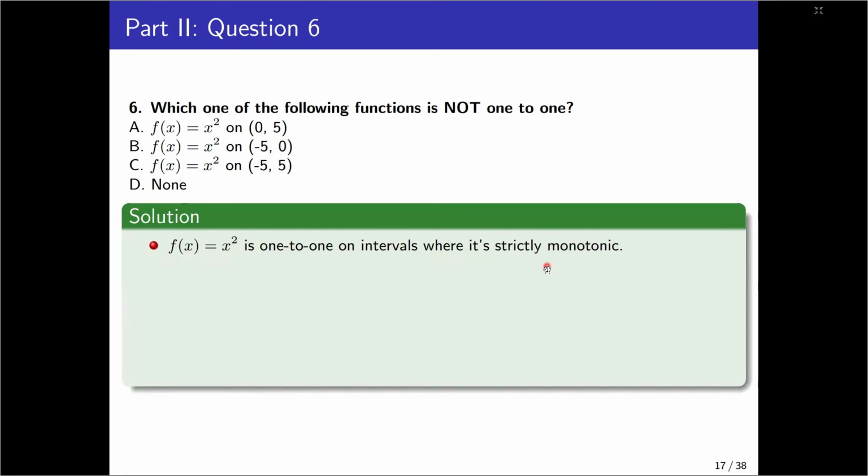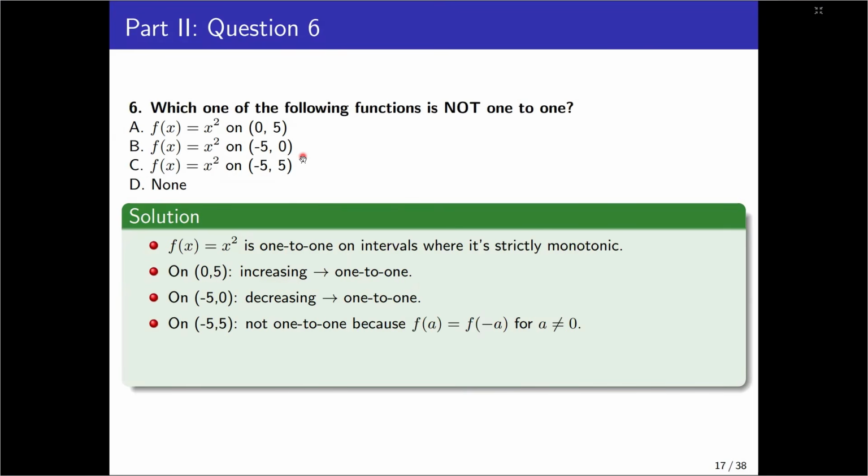On 0 to 5, it is an increasing function, so each and every element of this interval will have a unique image, so it is a one-to-one function. Similarly, B is a decreasing function. That means whenever x is increasing, its functional value decreases, so here it is also one-to-one, since it is monotonic.